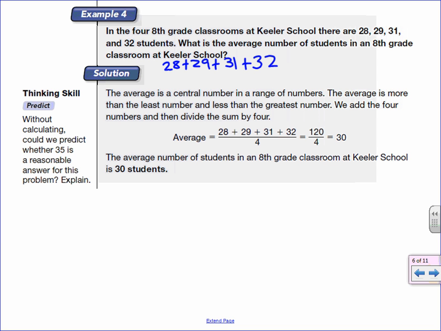I would look at this and say, well, 28 and 32 make 60, and 29 and 31 also make 60. So there are 120 total students. And then you take that number and divide by how many classrooms there are in this case. So 120 divided by 4.